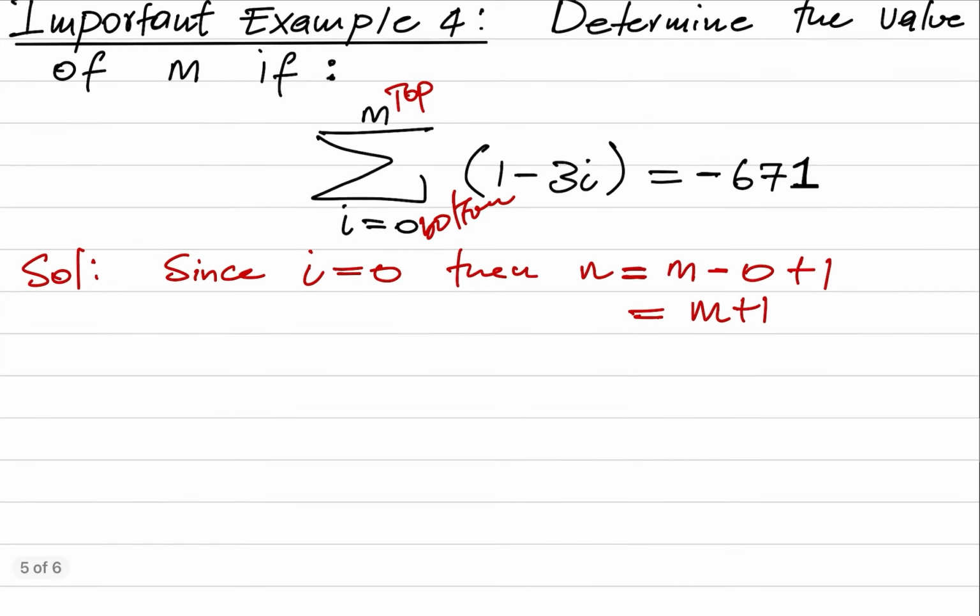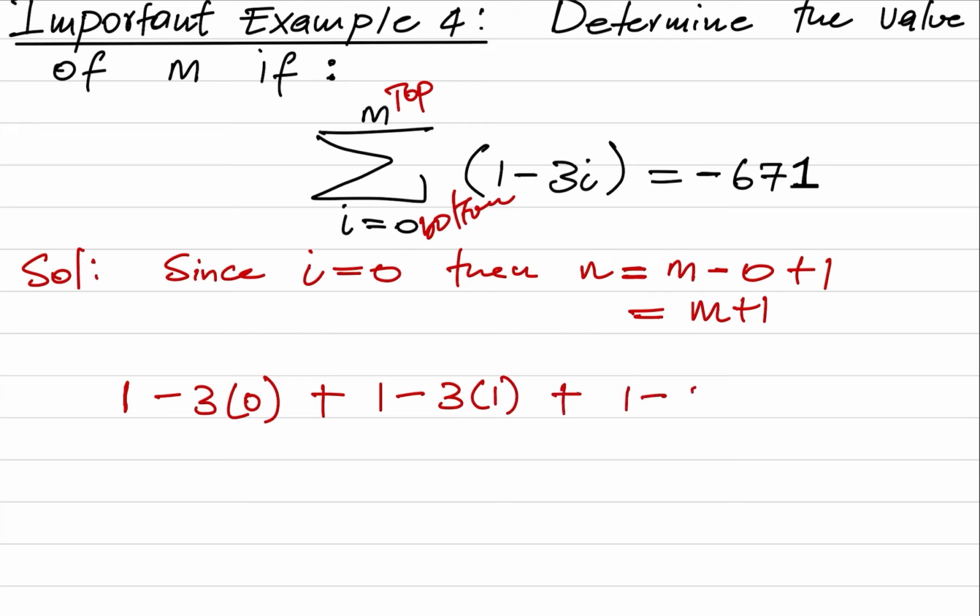Now we evaluate our series. We need to check what type of series this one is first. So I'm going to say 1 minus 3 times i, what is i? 0, plus 1 minus 3 into 1, plus 1 minus 3 into 2. So 3 times 0 is just 0, this is 1.